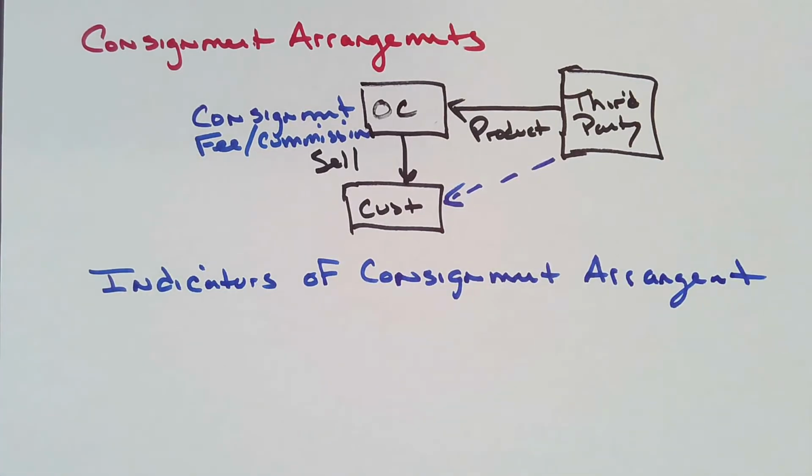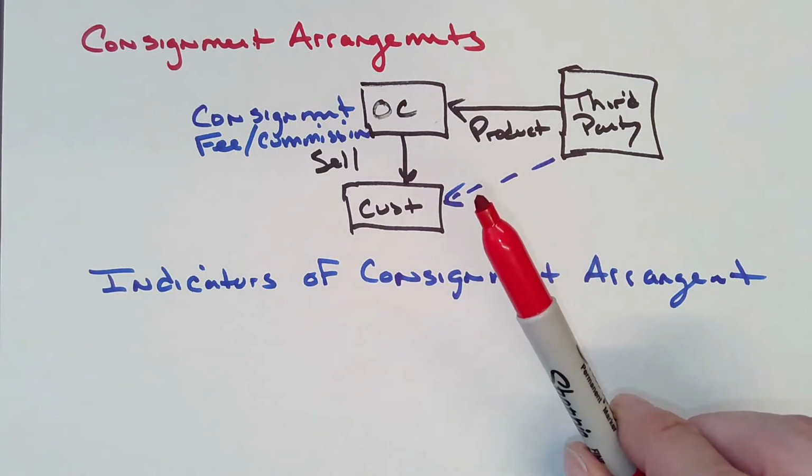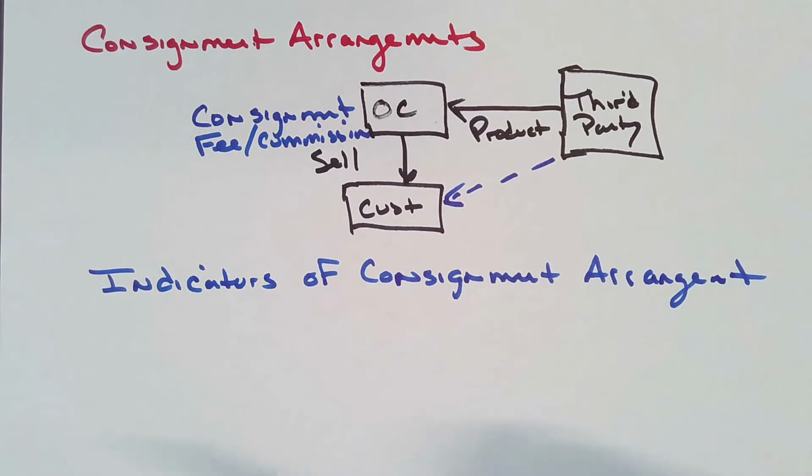Indicators of a consignment arrangement: the product is controlled by the entity until a specific event occurs, such as the sale of the product to the customer or the dealer.